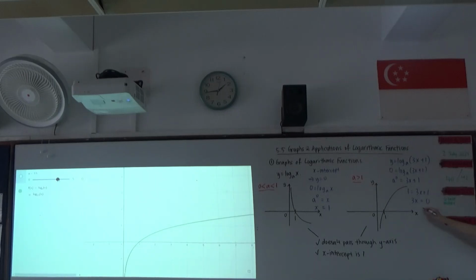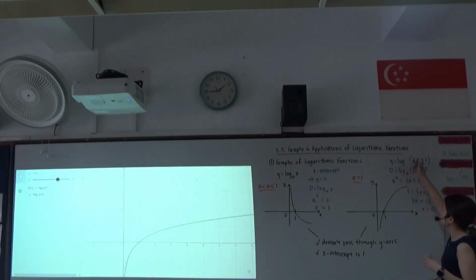And then I solve and I find that x is actually equal to 0. So don't memorize that for a logarithm graph, your x-intercept must be 1. So it still depends on your expression itself. So in this particular example, I gave you 3x plus 1, and I find that my x-intercept is actually equal to 0. So what does this mean?